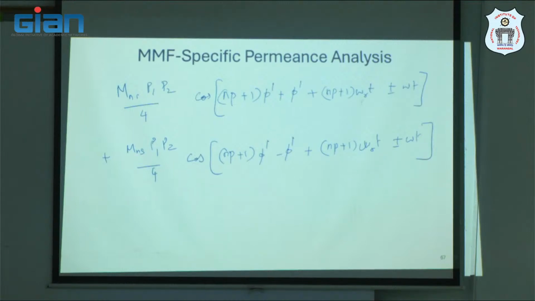So I can simplify these two expressions. So I am just focusing on these two. So this will result in (NP plus 2) phi dash, whereas this will result in NP phi dash.